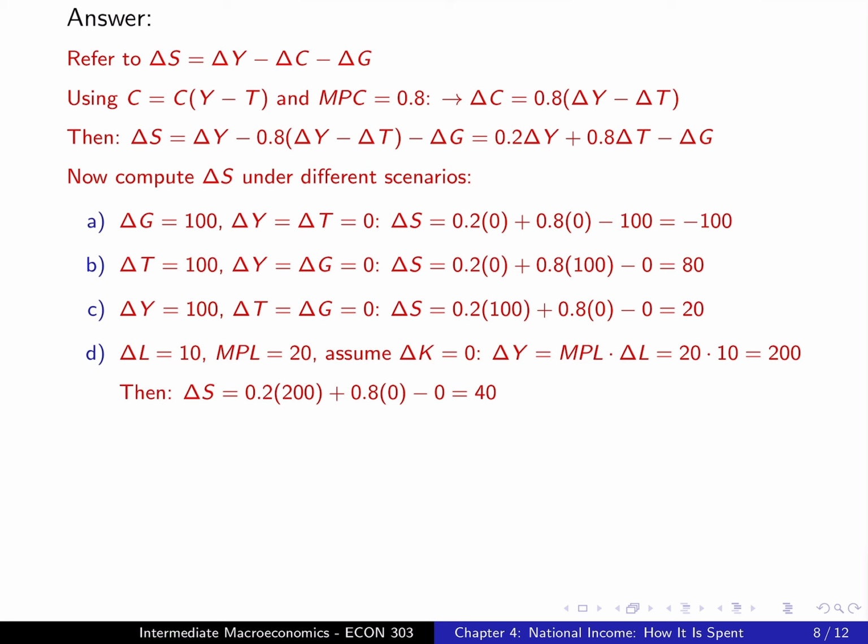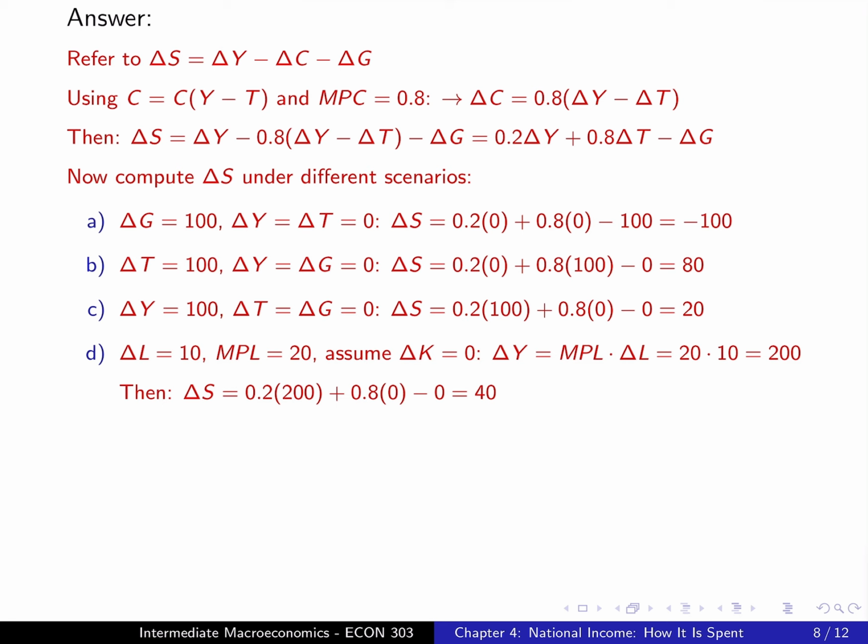C. Delta Y equals 100, delta T equals delta G equals 0. Then delta S equals 0.2 times 100 plus 0.8 times 0 minus 0 equals 20. D. Delta L equals 10, MPL equals 20.